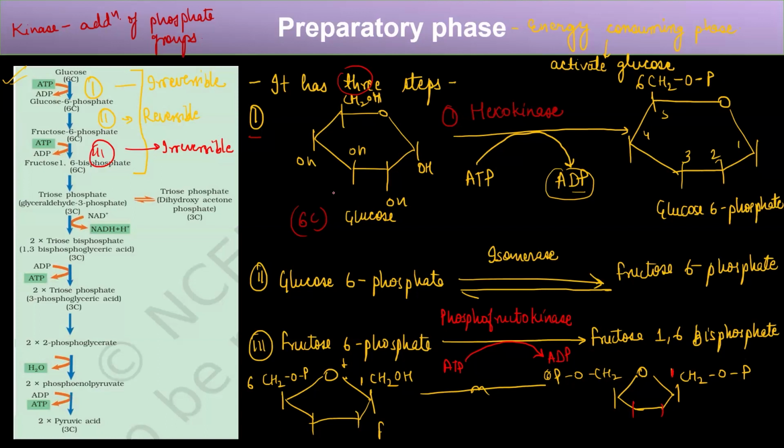Glucose gets converted into glucose 6 phosphate in the presence of ATP. ATP was utilized and donated its phosphate group to glucose to form glucose 6 phosphate. Then glucose 6 phosphate is converted to fructose 6 phosphate. Then fructose 6 phosphate utilizes another ATP to get the phosphate group to form fructose 1,6 bisphosphate. And this contributed to the preparatory phase.